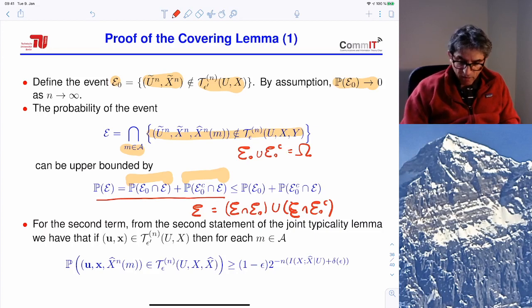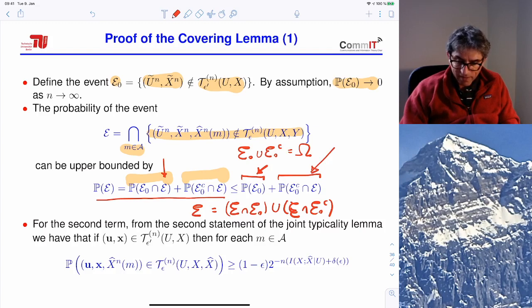Then if we remove one of the two here, we get an upper bound, because when you remove terms in the intersection, you are enlarging the event. And now we know that this term goes to 0, so we really don't need to take care of this. We will only focus on this part, the probability of E intersect E0 complement.